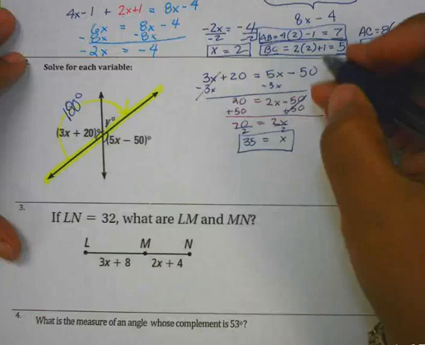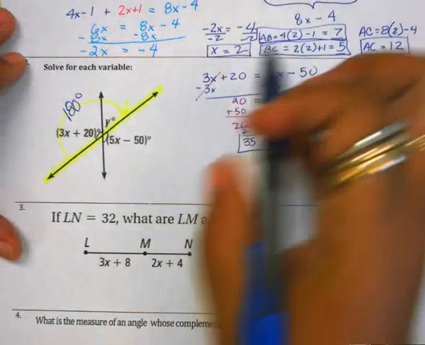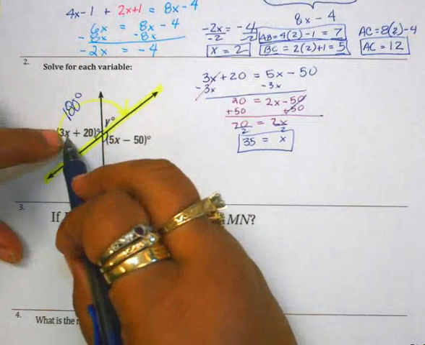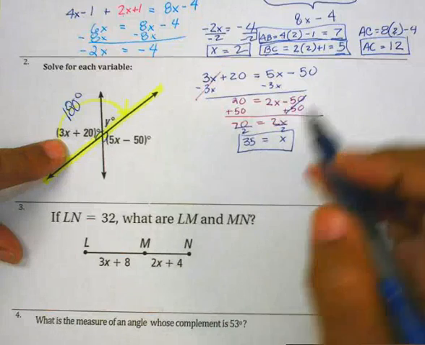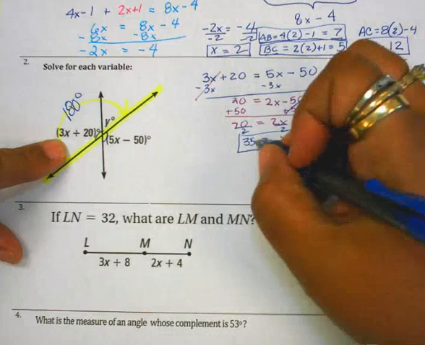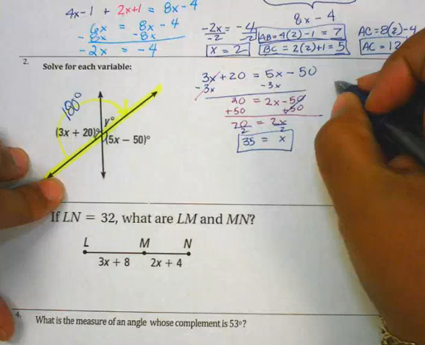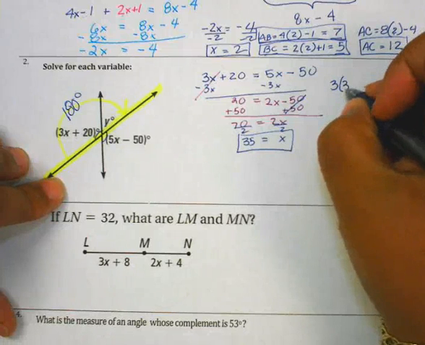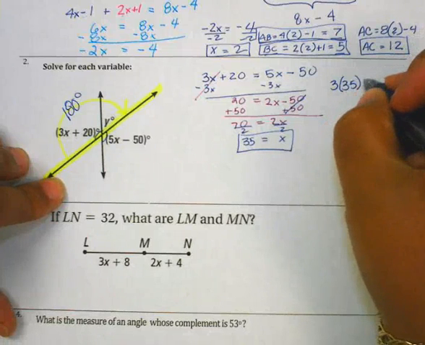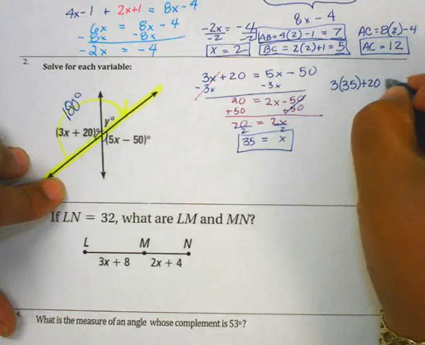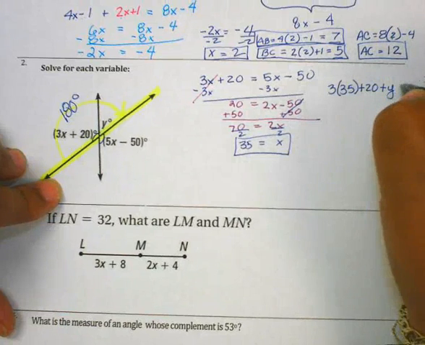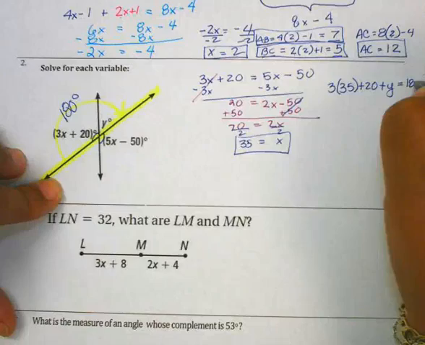So I know that, and I know that this x here is 35. So I'm going to substitute in 35 where I have the x. So 3 times 35 plus 20 plus y, they all have to add to 180.